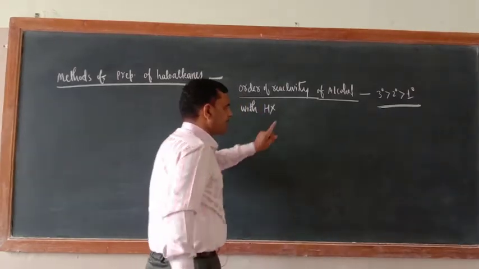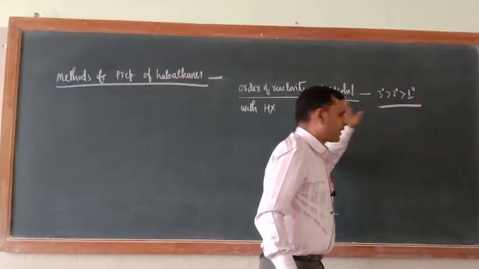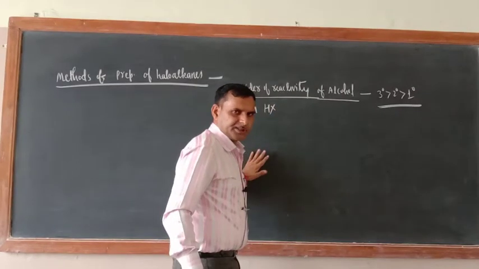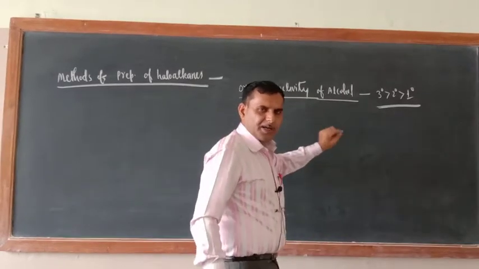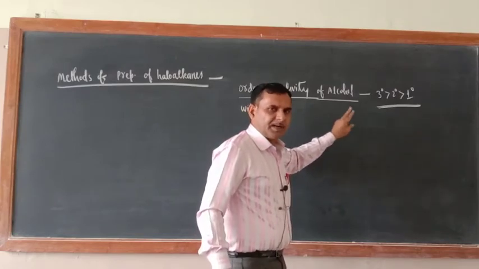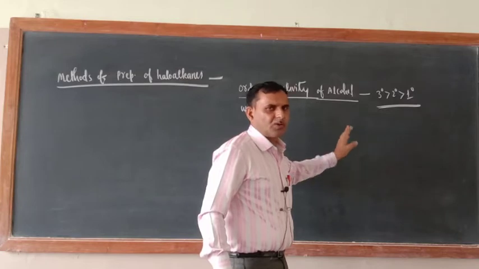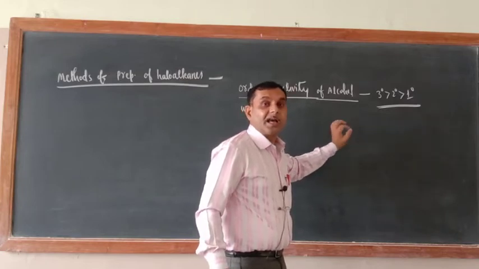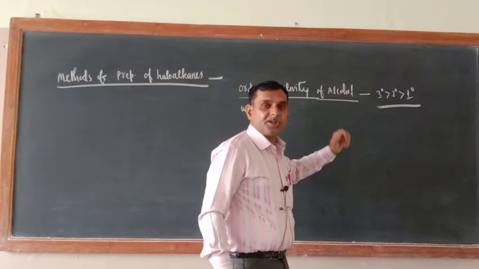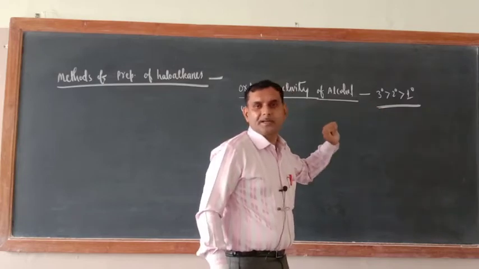So just see here, 3 degree, 2 degree, 1 degree. Now I wrote all the 3 reactions here, okay. I wrote anhydrous ZnCl2 in the 3 degree alcohol case also, but actually remember, 3 degree alcohol does not require anhydrous ZnCl2. You just mix HCl with 3 degree alcohol and the reaction will happen.